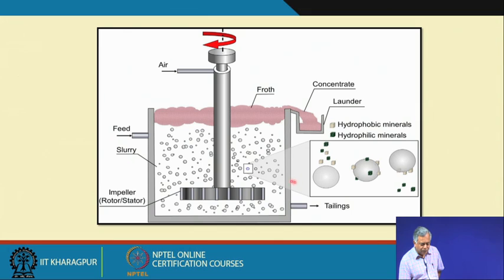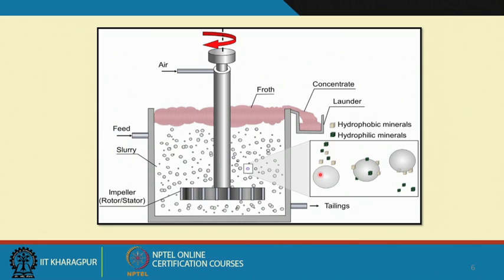Initially, when the air bubble is formed, maybe the selectivity is not there, and both hydrophobic and hydrophilic particles may get adhered to the surfaces of the bubbles, because it depends on the volume percentage of the bubbles you have generated, and their sizes, that is, the surface area of the bubbles in relation to the particle surface area inside your froth flotation cell.